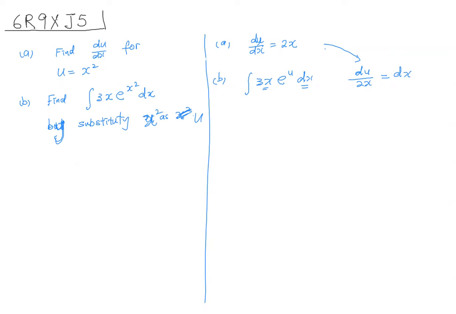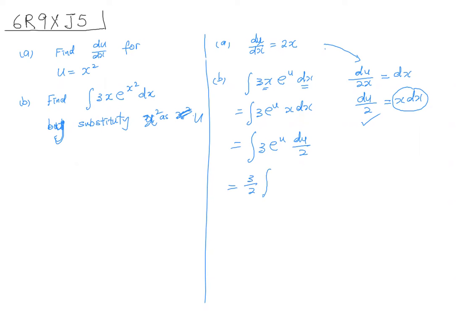So if I rearrange this, now I substitute this whole thing as this. So I put it in. Okay, so I have 3 over 2 integrate e^u du.